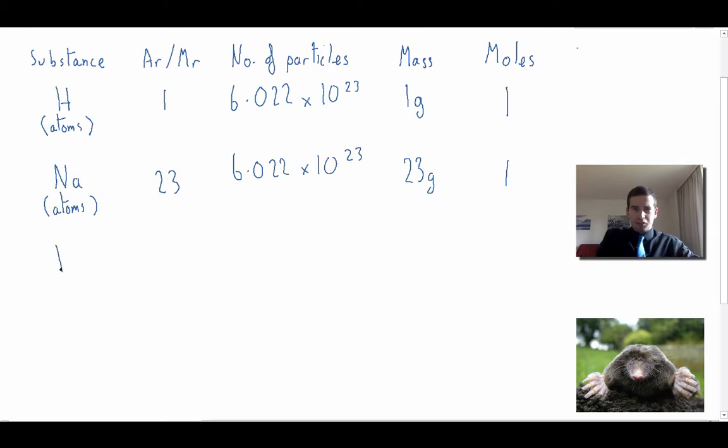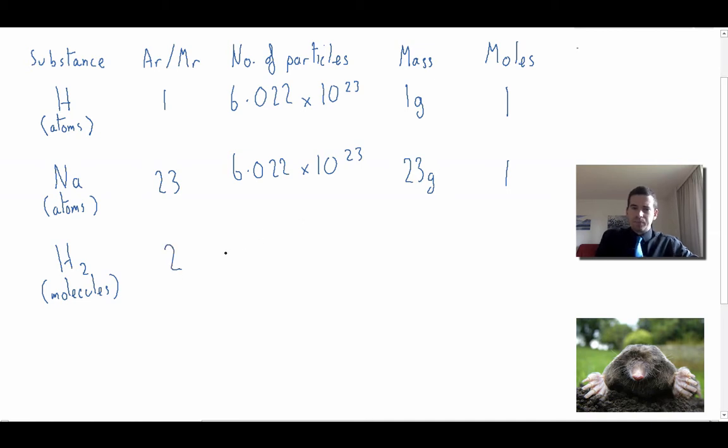Let's expand the definition slightly. Let's go to a hydrogen molecule. So we now have a molecule, so we need to use the relative molecular mass, which is obviously 2.